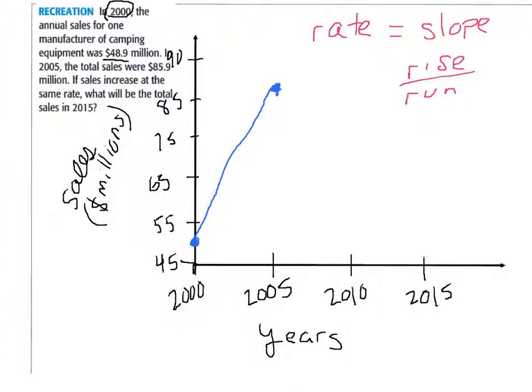So the rise and run of this line: I go up, again, I started here at $48.9 million, and I went up to $85.9 million. And then my run would be a change of 5 years.